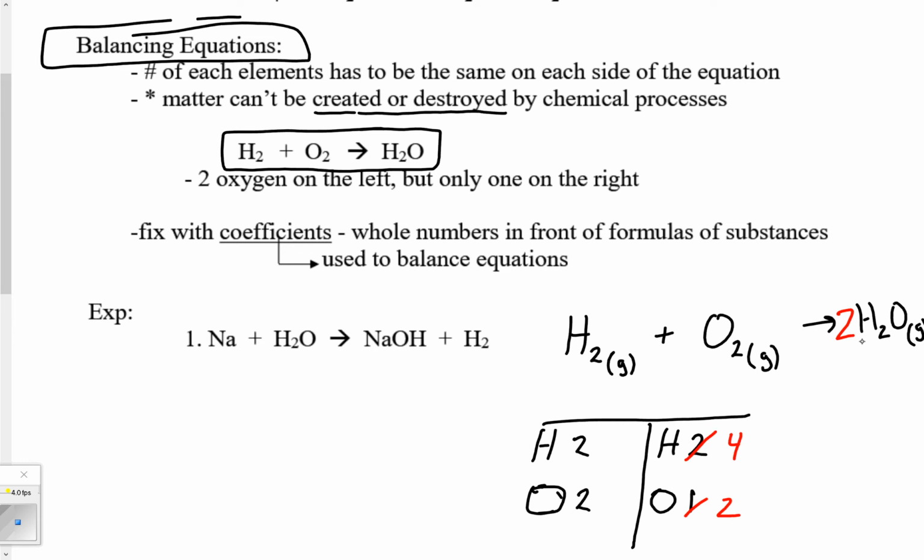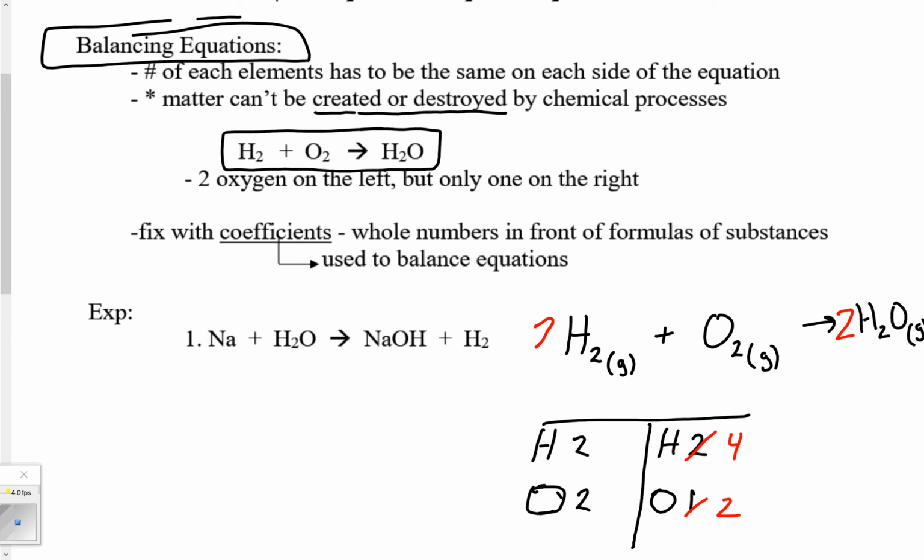So now we have to consider, okay, well now my H's are unbalanced. I've got 4 H's on the right, and I've got 2 H's on the left. So it's easy. I need that to become 4 so that it matches the other side. Well, what can I multiply 2 by to get 4?